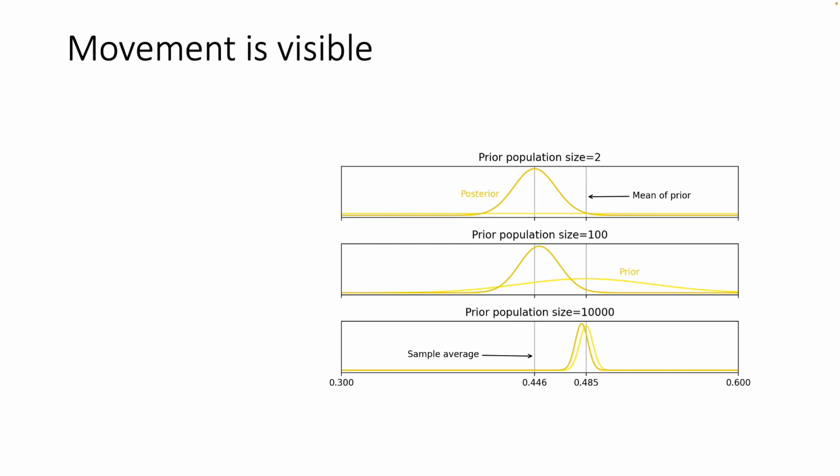But the sample is so big that it doesn't matter much, though it doesn't completely vanish anyway. And here we have the mean of the prior. If the prior is of a small population, then of course the mean is here, and we move slightly. If the population is bigger, then our data is being drawn strongly to our prior information.